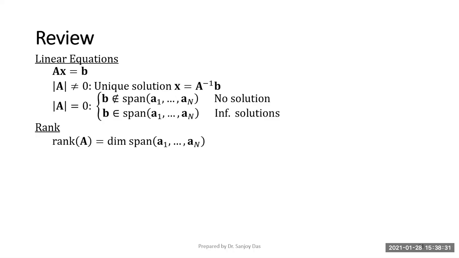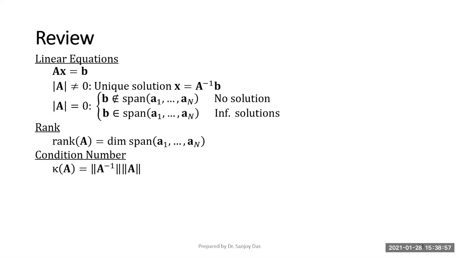Anyway, we then saw that the rank of the matrix is equal to the dimensionality of the space spanned by its column vectors. We saw that the condition number was defined as the norm of A inverse times the norm of A. And what's the norm of a matrix?